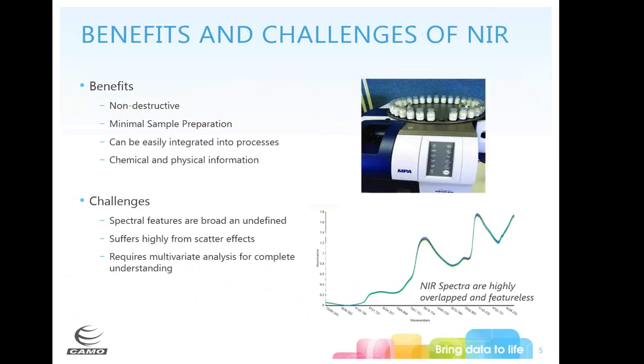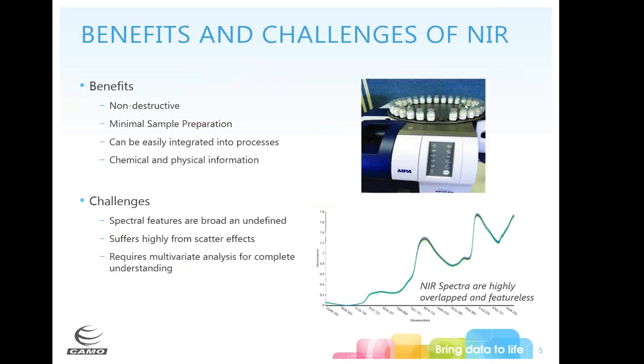Now, the challenges are that these spectral features are very broad and undefined. That's due, again, to those overtones and combination bands, and so you can have a lot of different things that are happening that look very similar from the outside. You also have some serious issues with scattering effects because the wavelengths are so small.